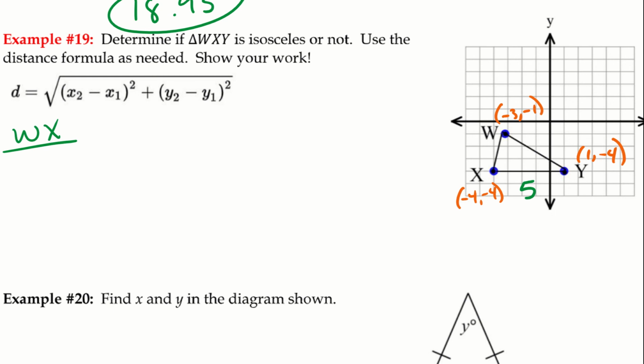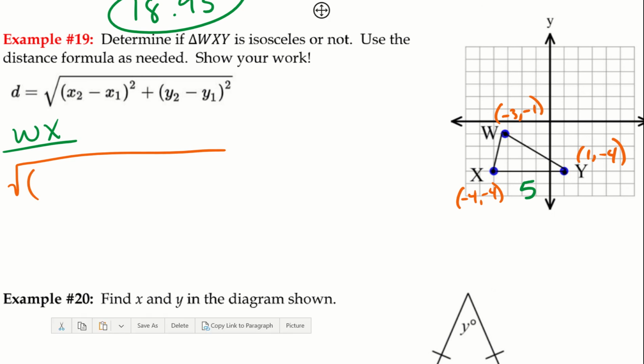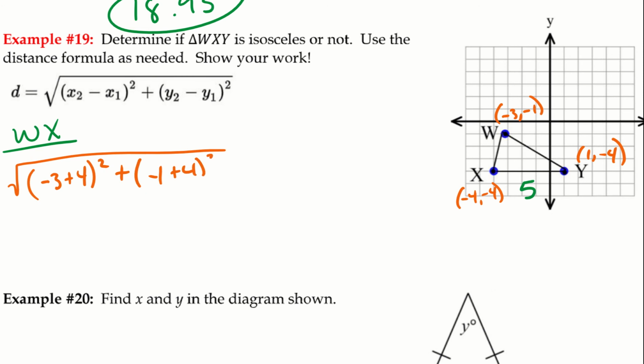Okay, so for WX, using the distance formula, square root of (x2 minus x1) squared, so -3 plus 4, minus a negative number is plus, and then plus (-1 plus 4) squared. We end up with 1 squared plus 3 squared, which is 1 plus 9, so we end up with the square root of 10.